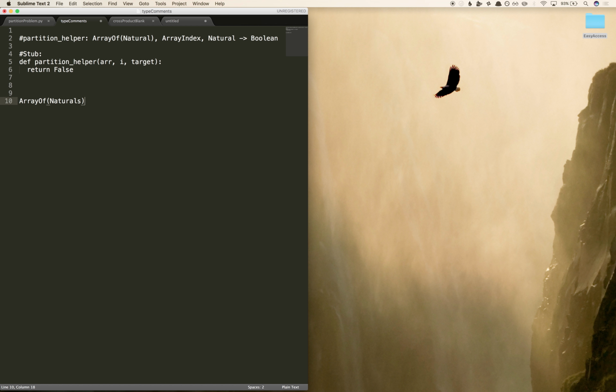We can say an array of naturals is in one of two states. We can say that we've gone through the array and we've seen everything. So we can call this state out of the array.